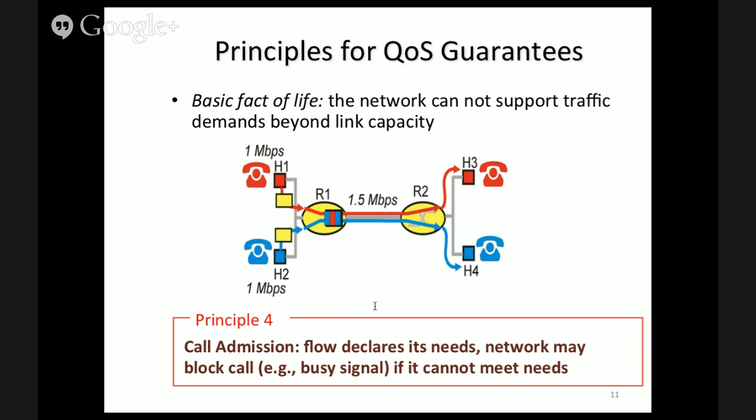And what is important to note is that with this principle, we are putting intelligence back into the network. Because here, it is actually the network itself that can take an action, such as denying a call to join the system.